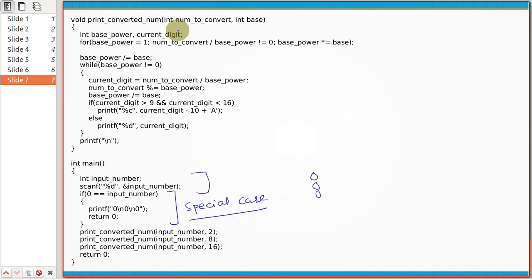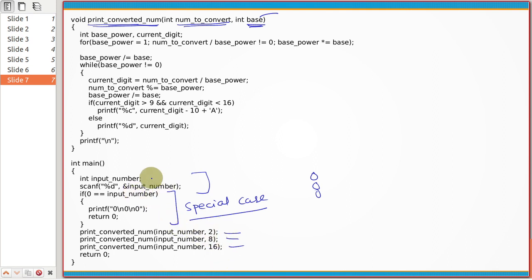All other numbers can be handled by this function called print converted num. So it will print the converted number. It takes two arguments, the number which you want to convert, and the base, which would be 2 for binary, 8 for octal and 16 for hexadecimal, the base in which you want to convert to. So I call that function repeatedly and get my number converted.